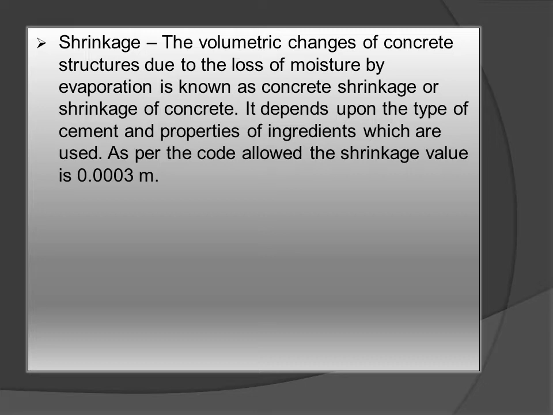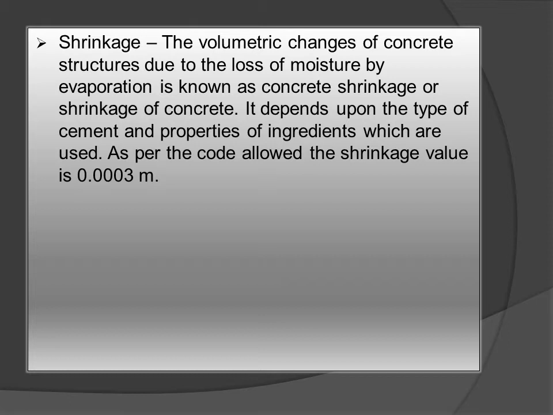The concrete will start to shrink if a lot of water vapor escapes. So the volumetric change of the concrete when there is a loss of moisture by evaporation is known as shrinkage of concrete.